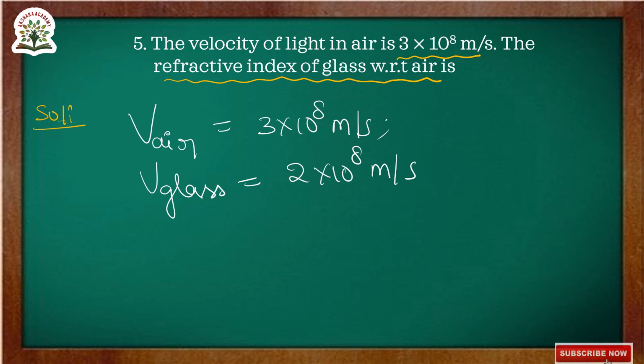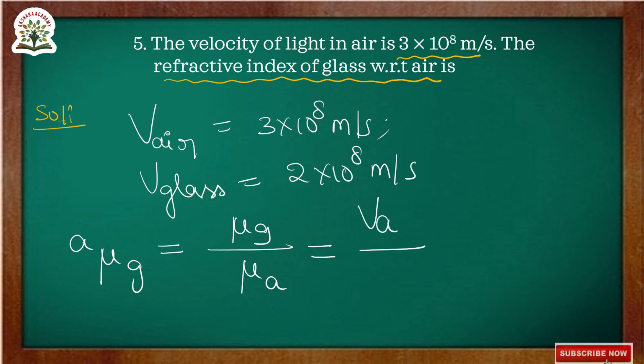You have to calculate the refractive index of glass with respect to air. So the refractive index of glass with respect to air is equal to the ratio of refractive index of glass by refractive index of air. This also can be written as velocity of air by velocity of glass.